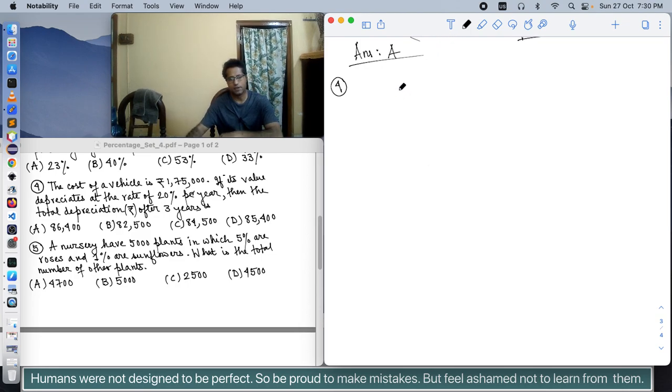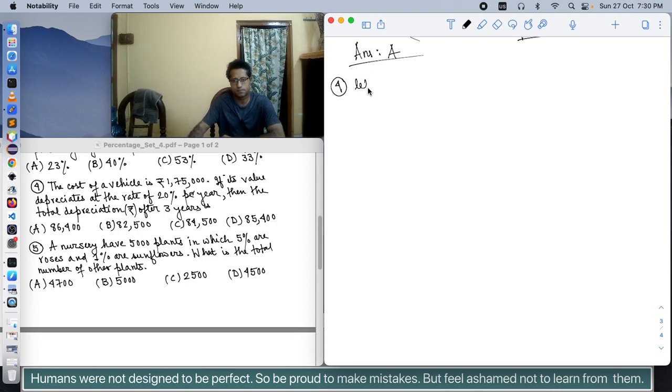Now definitely the initial cost of the vehicle, that is 1,75,000, will be used, but we will not use it in the equation all the time. So let's denote the initial cost of the vehicle, that is 1,75,000, with a variable.